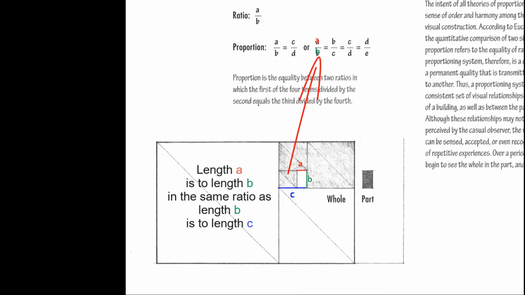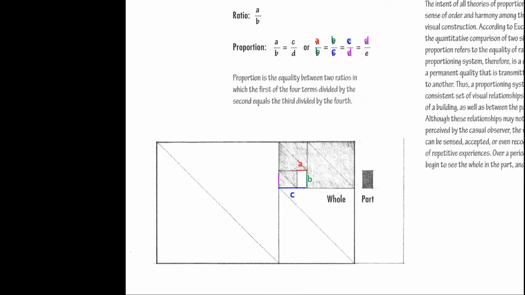Length A is to length B in the same ratio as length B is to length C. A is to B as B is to C, as C is to D, as D is to E. This creates a spatial relationship.